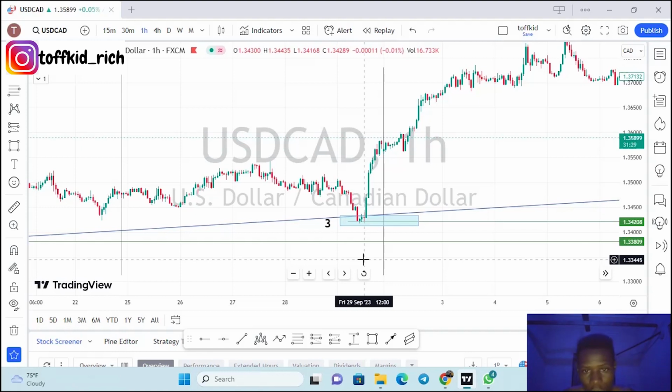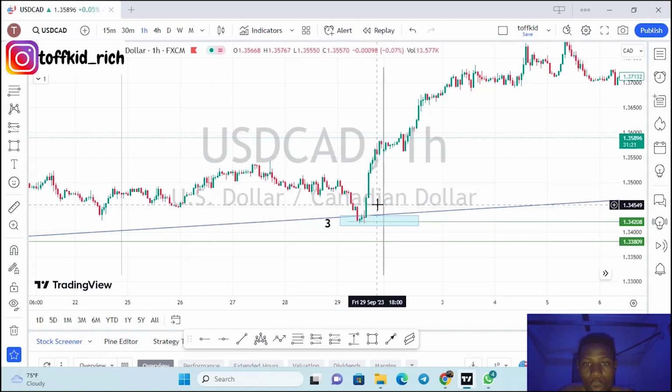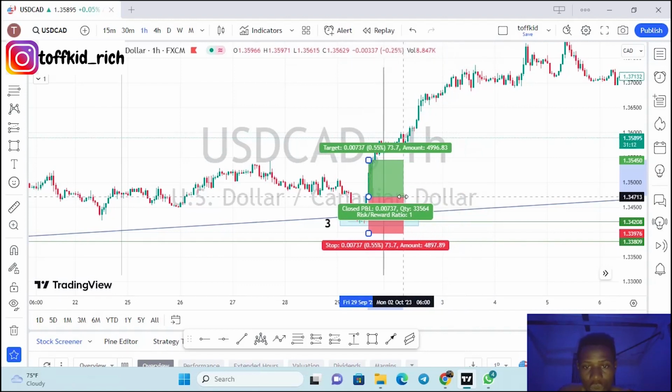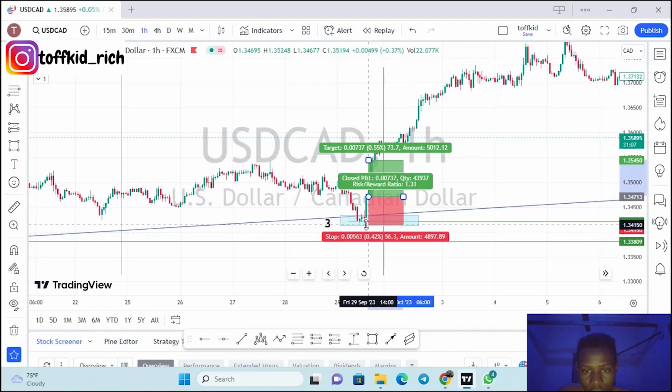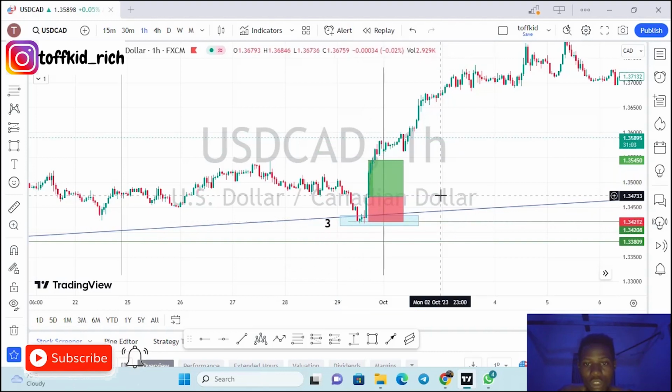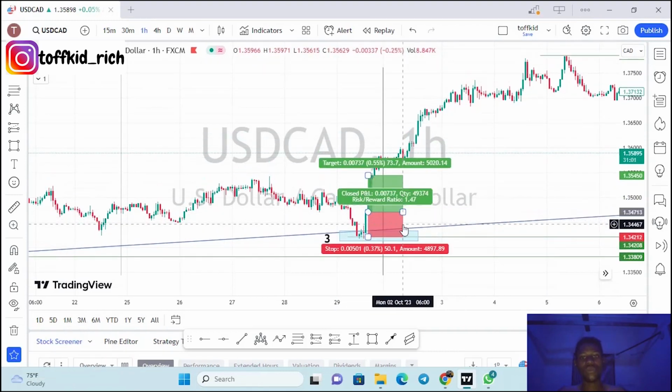Now we can see this big bullish candle present here. So upon the close of the bullish candle, that is where we are gonna be taking our setup. Place it right after the close of the bullish candle, and then place our stop loss right here upon this structure. And now you can see we are risking only 50 pips.